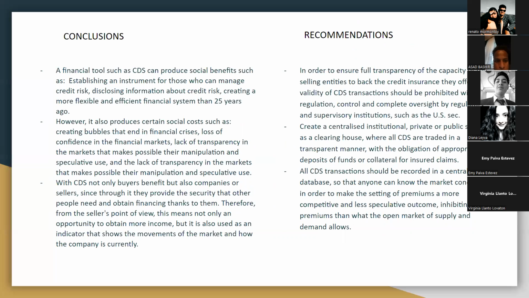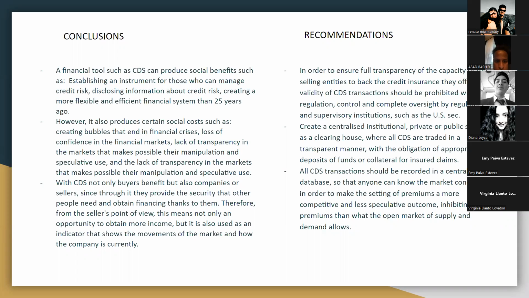Conclusions. A financial tool such as CDS can produce social benefits such as establishing an instrument for those who can manage credit risk, disclosing information about the credit risk, creating a more flexible and efficient financial system than 25 years ago. It would also produce certain social costs such as creating bubbles that end in financial crisis, loss of confidence in the financial market, and lack of transparency in the market that makes possible manipulation and speculative use.